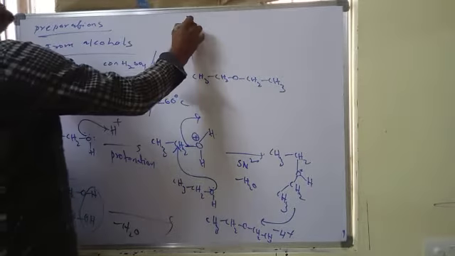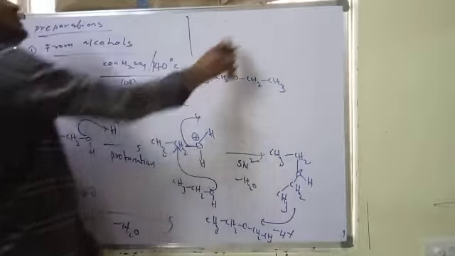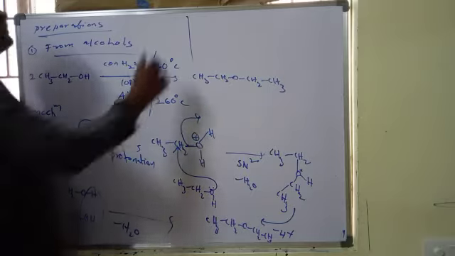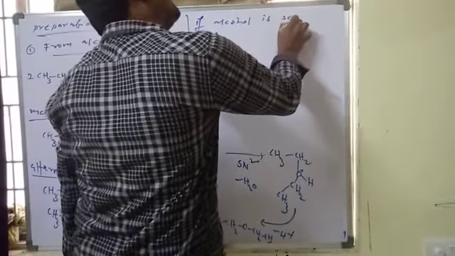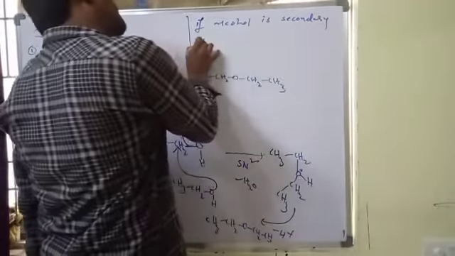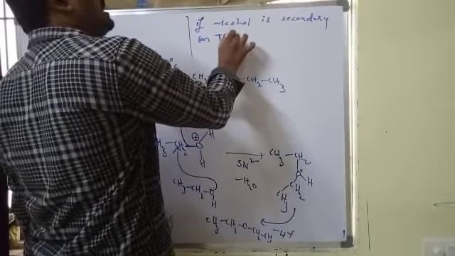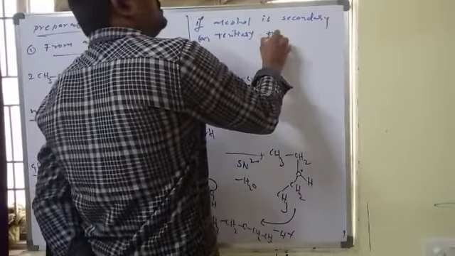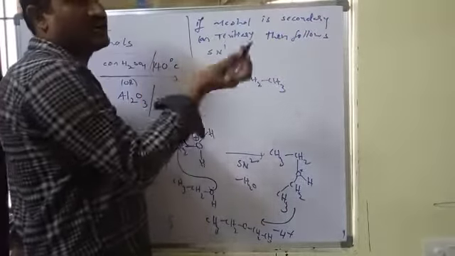If the alcohol is secondary, 2 degree, or 3 degree, tertiary, then it follows the SN1 mechanism. SN1 means carbocation formation.